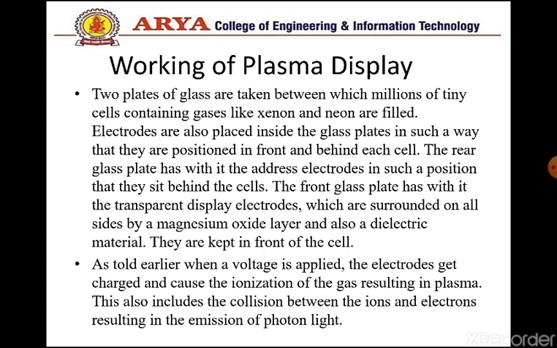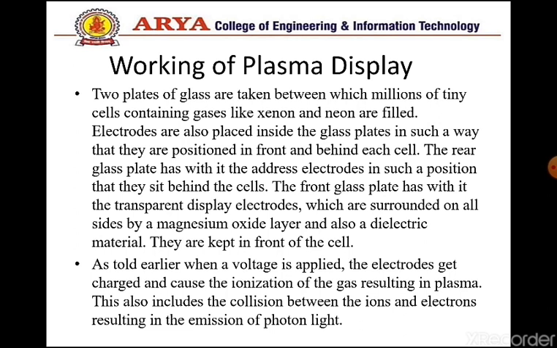Working of plasma display. Two plates of glass are taken between which millions of tiny cells containing gases like xenon and neon are filled. Electrodes are also placed inside the glass plate in such a way that they are positioned in front and behind each cell.